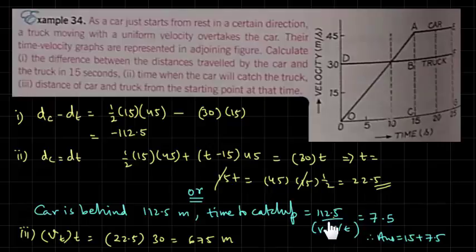So relative distance upon relative velocity will give you the time to catch up. Relative speed here is 45 minus 30, which is 15. So this will be 112.5 divided by 15, comes out to be 7.5. So this time it takes after 15 seconds. So our final answer is 15 plus 7.5, which is 22.5.